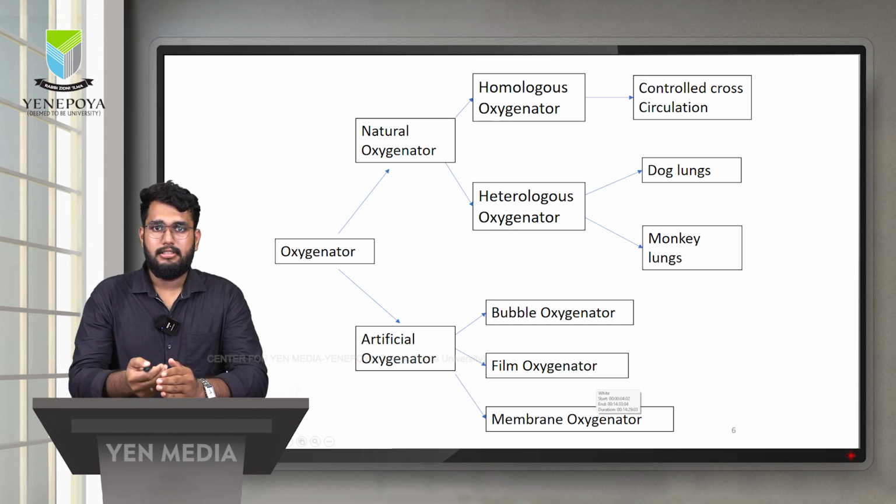It is demonstrated by the example of controlled cross circulation. Under heterologous oxygenator, we can use other organisms' lungs to oxygenate the blood of humans. Then under artificial oxygenator, we can characterize them as bubble oxygenator, film oxygenator and membrane oxygenator.